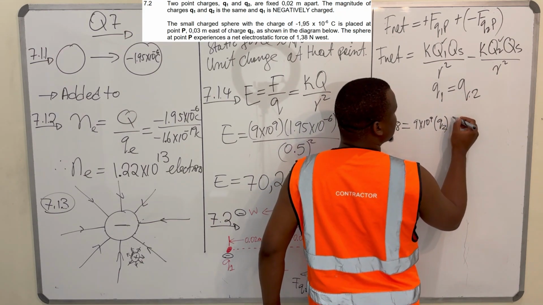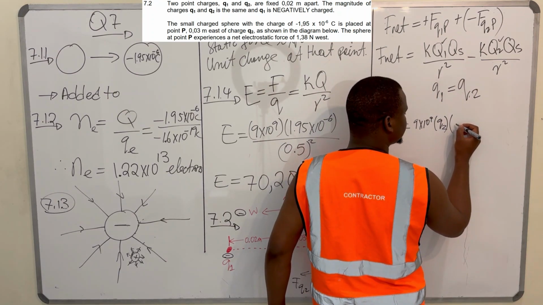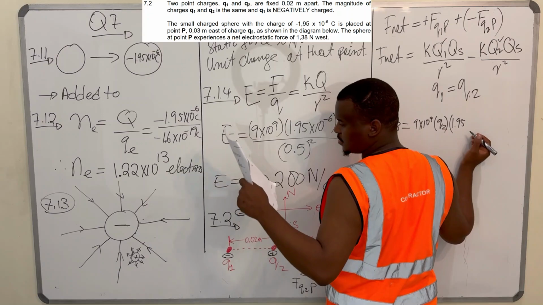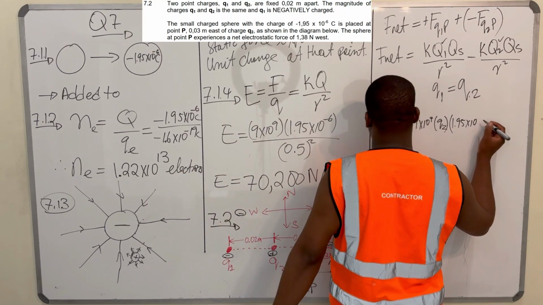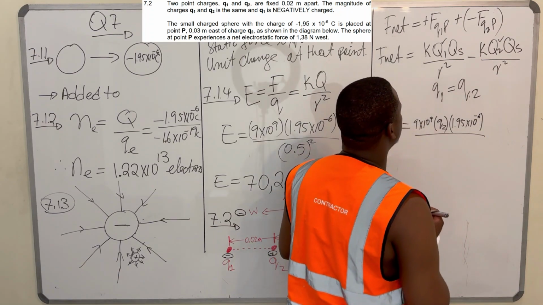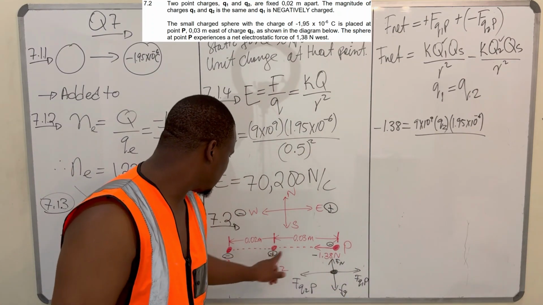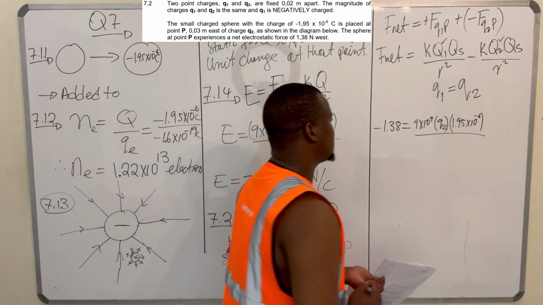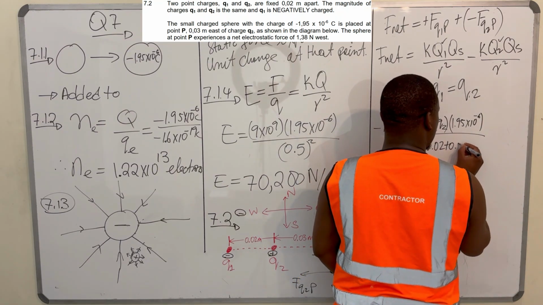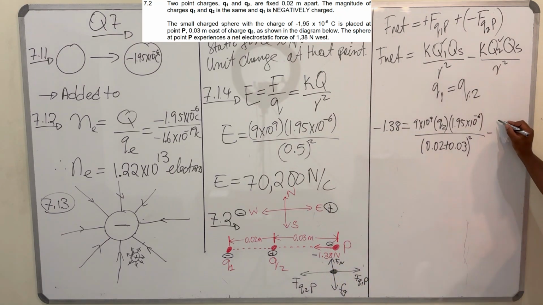So I'll put Q2 times charge at S, which is 1.95 times 10 to the power minus 6, all over the distance between Q1 and QS. Where is Q1? Q1 is this one, and that one is there. So the distance between them is this and that. So the distance is 0.02 plus 0.03, all squared, minus, what is it?